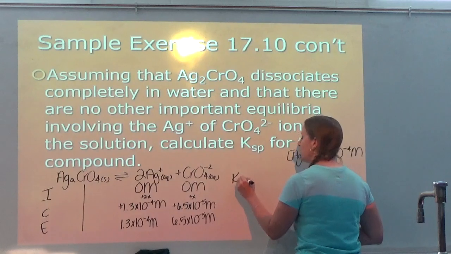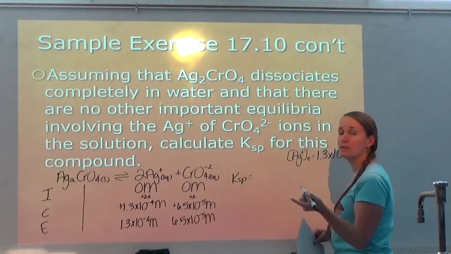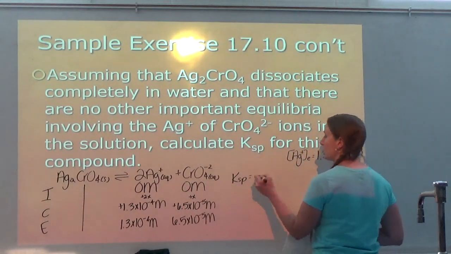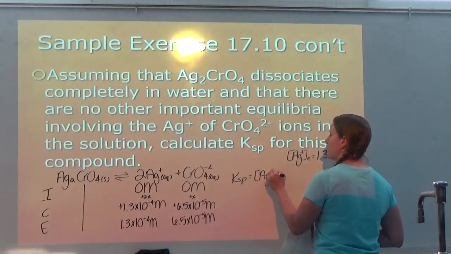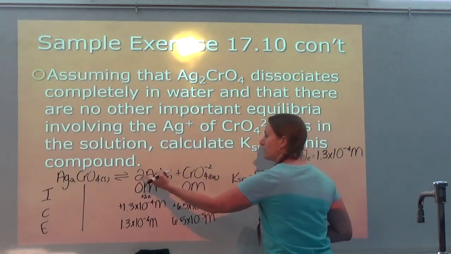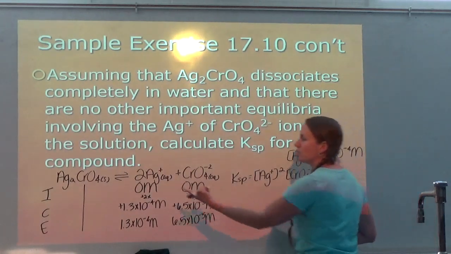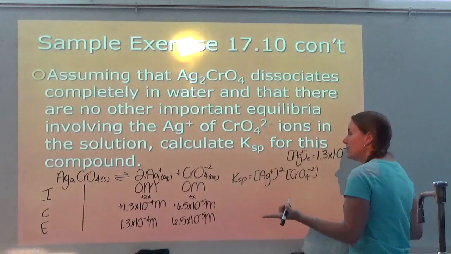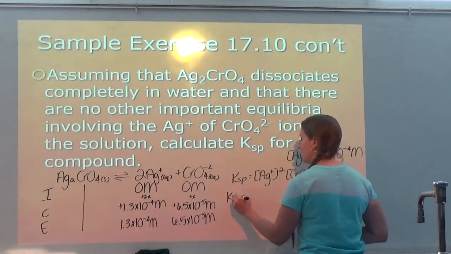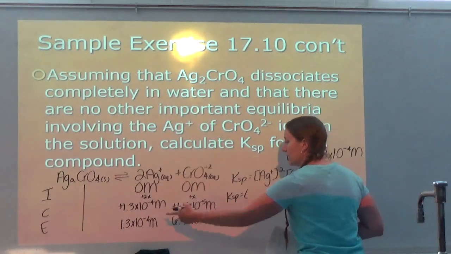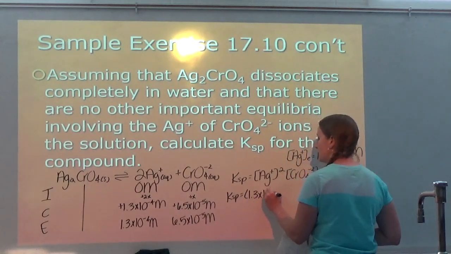Now we know KSP, just because we haven't learned how to write these for a while, I'm going to actually write the expression. It's just my products, which is Ag positive, but I'm going to square it, over my reactants. But I don't need to put reactants because it's just a solid. So then I just plug in. KSP equals my silver ion concentration, which is 1.3 times 10 to the negative 4, squared.